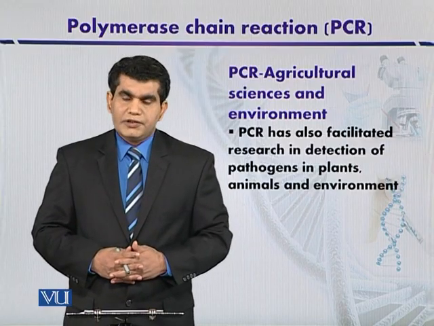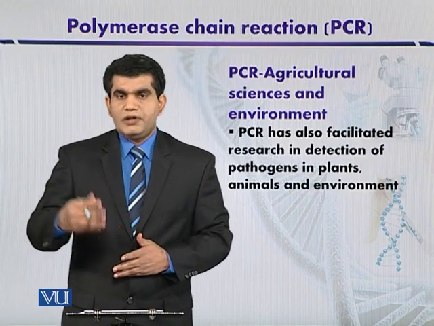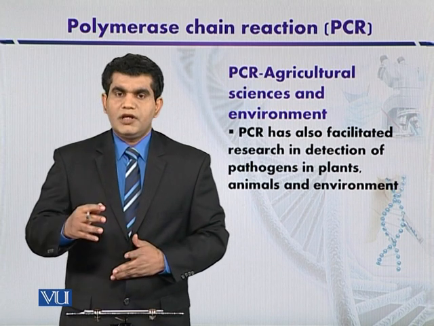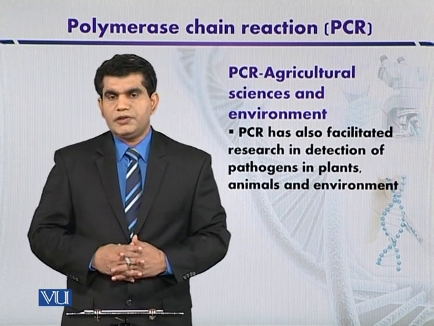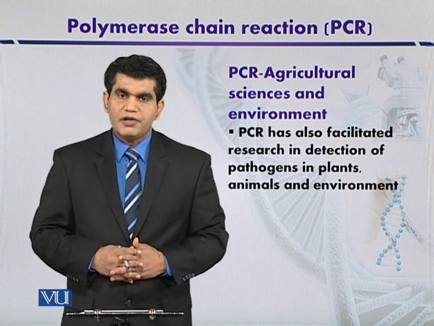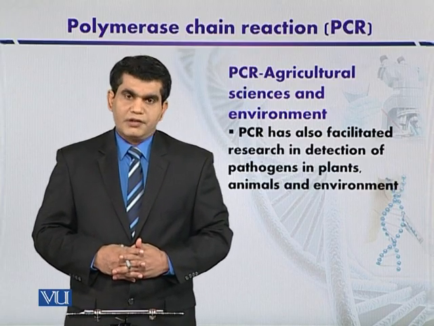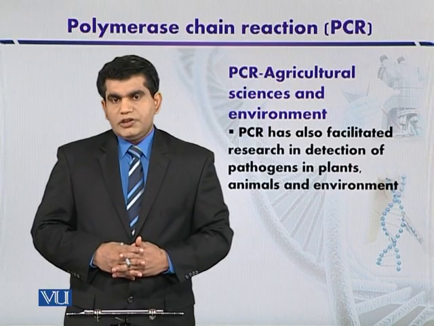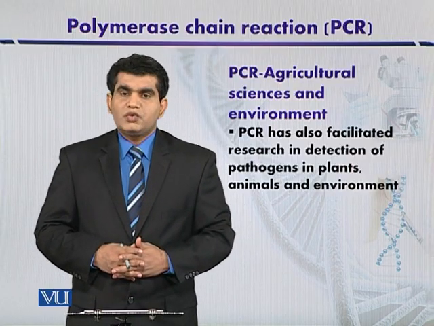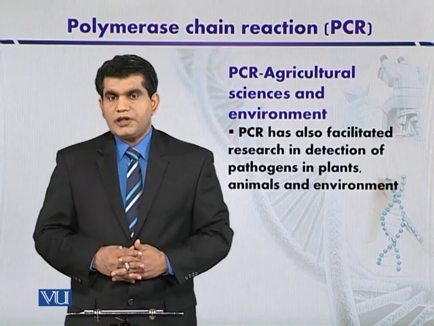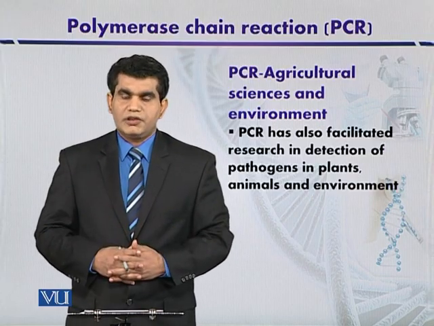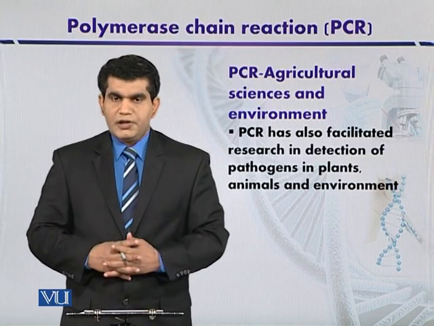Similar may be the case with plants, that different viral pathogens, bacterial pathogens, or even fungus can deteriorate the quality of the crops. So this PCR technique has also been used to detect different causal agents of animal and plant diseases as well.